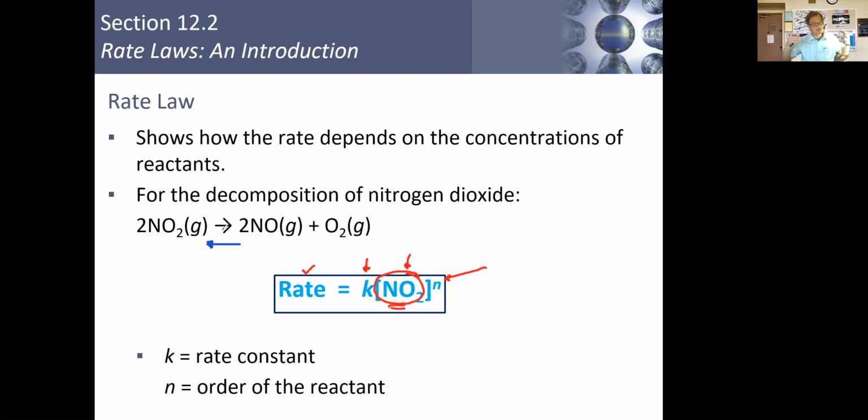We've studied equilibrium, and as I introduced at the very beginning of this chapter yesterday, equilibrium is the state that everything in the universe strives towards. That means as nitrogen dioxide starts breaking down and we start forming more nitrogen monoxide and oxygen, at some point the reverse reaction is going to start taking place.